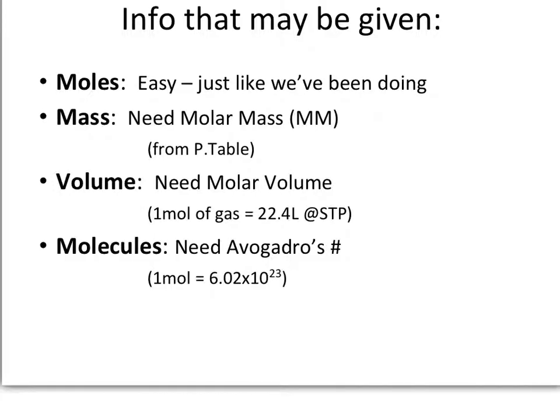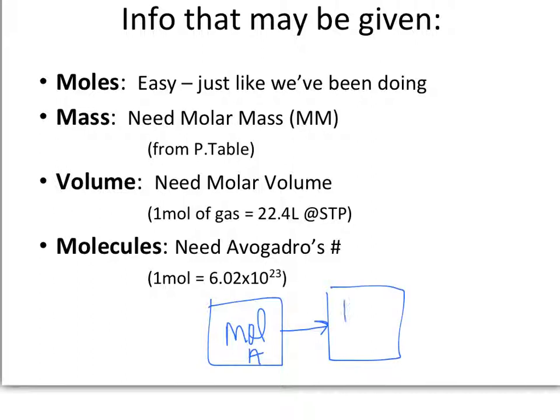The problems we've done thus far have been pretty easy, where we have started out with moles of substance, let's say A, and it's asking us to get to moles of substance B. So it's been really very straightforward where we have moles of one and we're finding moles of another.